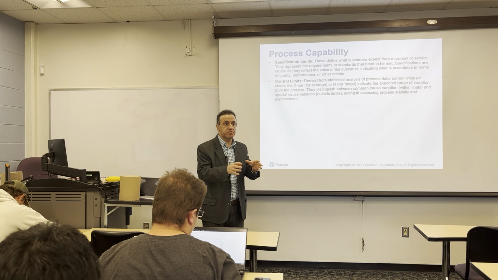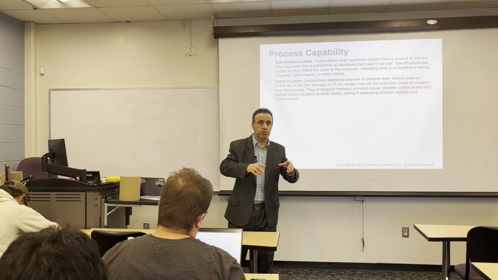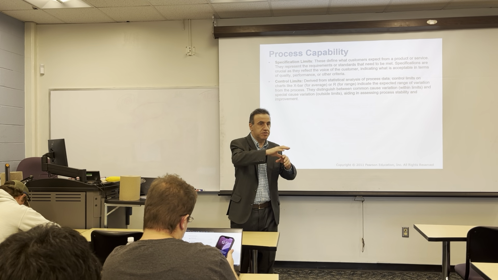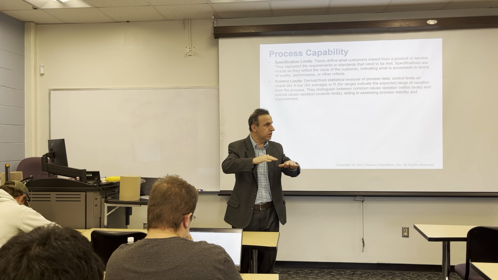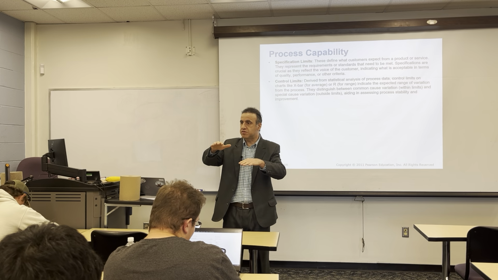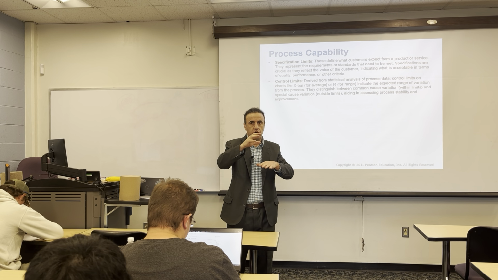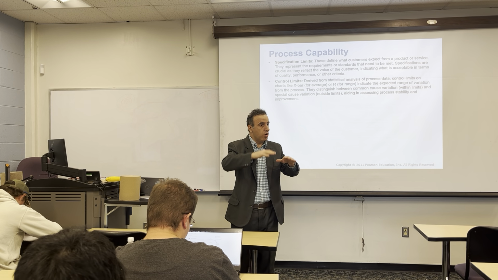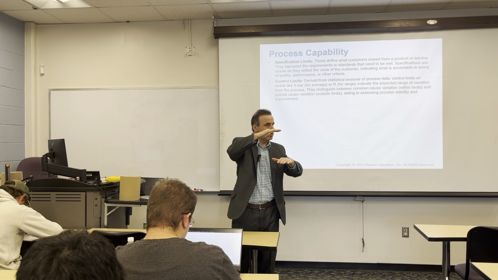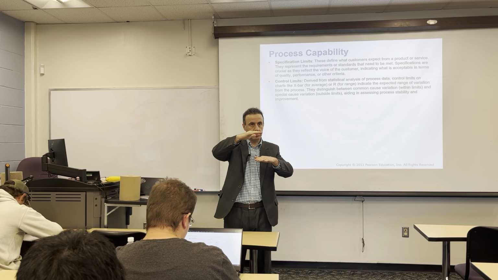Sometimes your process might be in control. You remember those fluctuations? We had the upper limit, lower limit. So your process is perfect. It's making parts or service which are all within those upper and lower control limits.